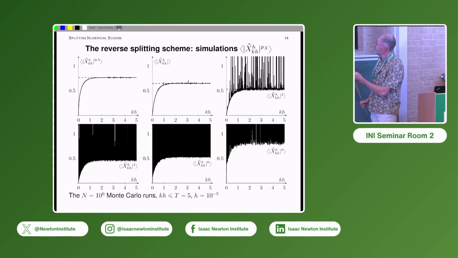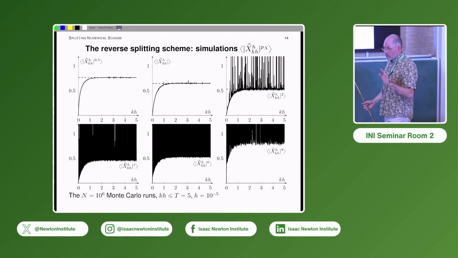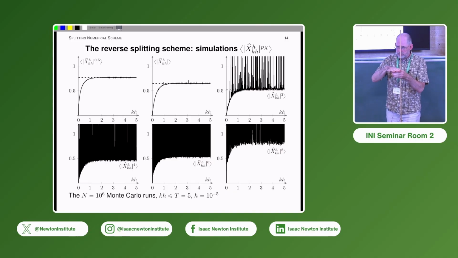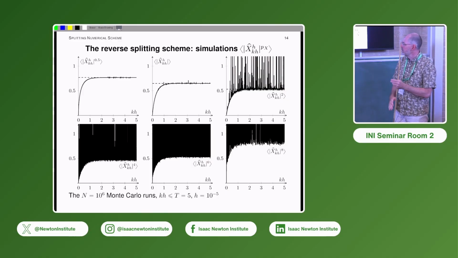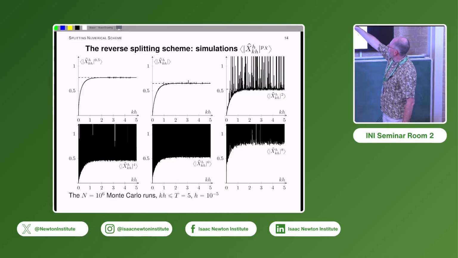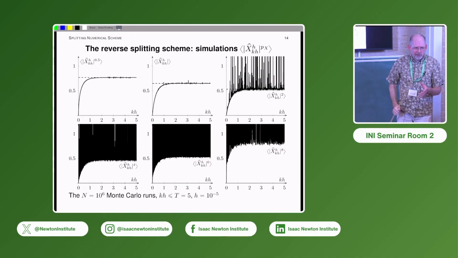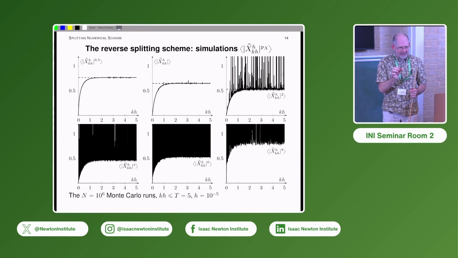And these are the reverse splitting simulations. We strongly believe, though we did not prove this, that up to order 1, up to the integrability of the Lévy process, you can do things. We didn't prove this, but both schemes will work. Here, for example, for the first moment, it still works. And for the second moment, not every increment is large, and only the large increments are practically bad.